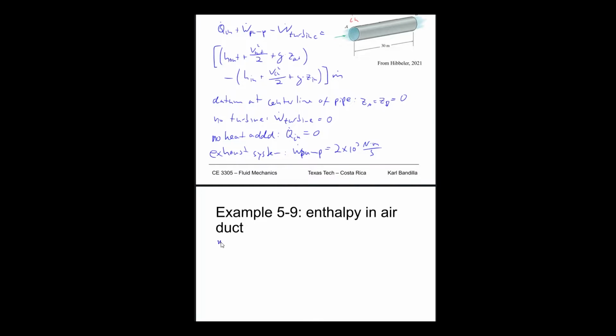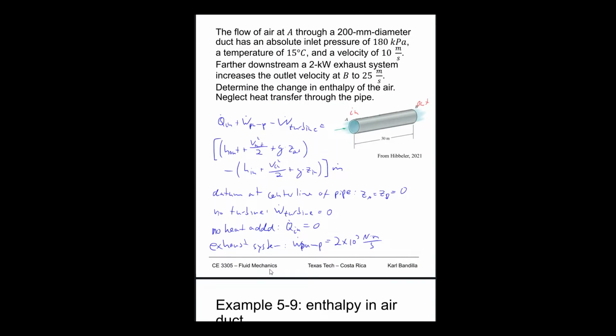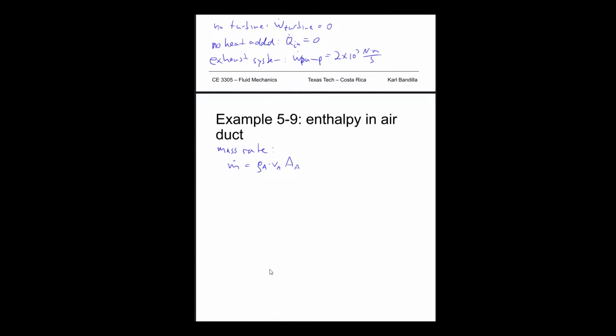So mass rate. We know m dot is just rho_A times V_A times A_A. Now V_A and A_A are given to us, and we're given the pressure and the temperature and that it's air, so we can use the ideal gas law to figure out what rho_A is.